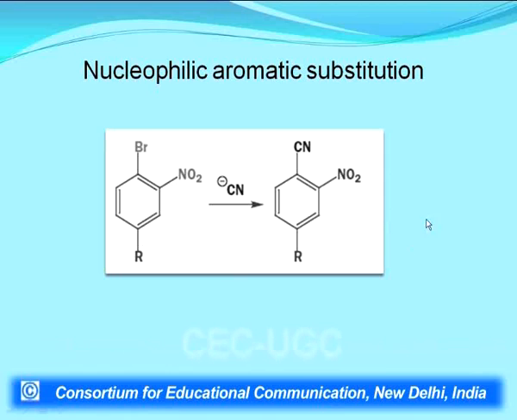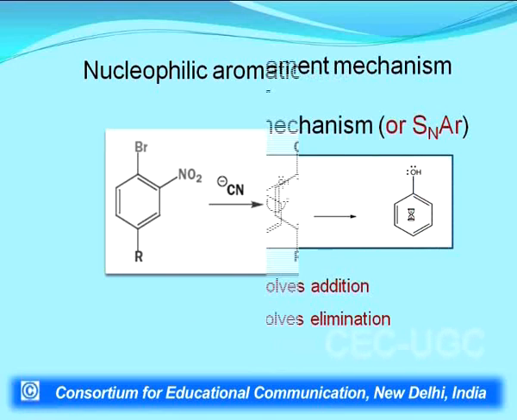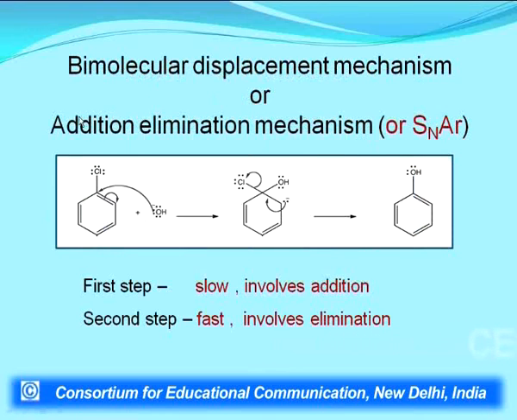Based on all these factors, a mechanism was proposed, and this mechanism is named as bimolecular displacement mechanism, or it is also called addition elimination mechanism, or some books also write it as SNAr, that is substitution nucleophilic aromatic.